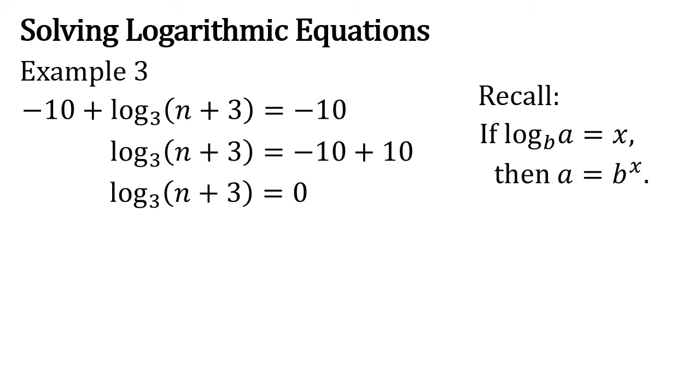So we can express this now as n plus 3 equals 3 raised to 0. 3 is the base, 0 is the exponent, then we have here n plus 3. And 3 to the 0 is 1, because any base, when it's raised to 0, the answer is 1. So we're going to have n plus 3 equals 1.